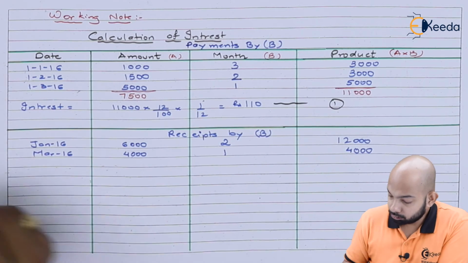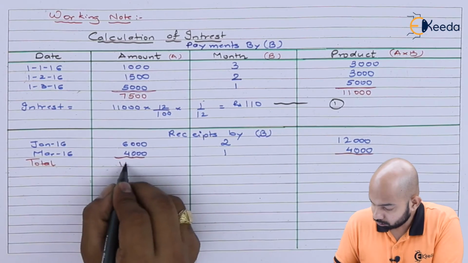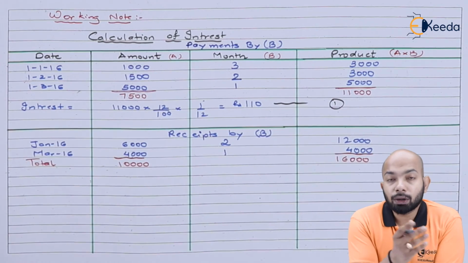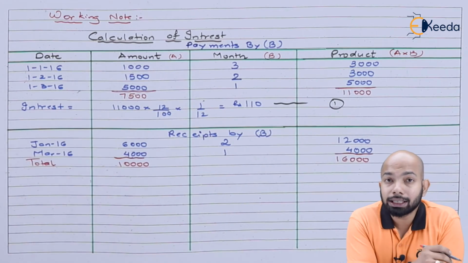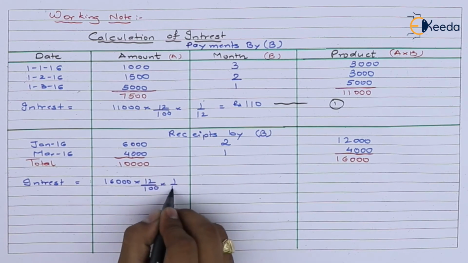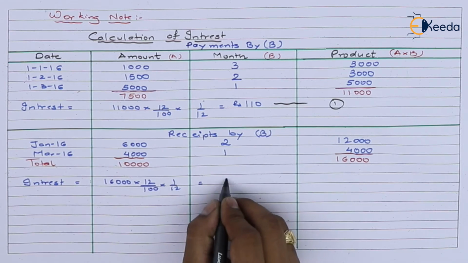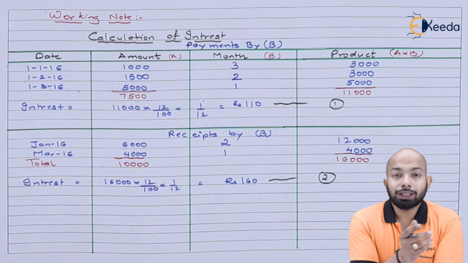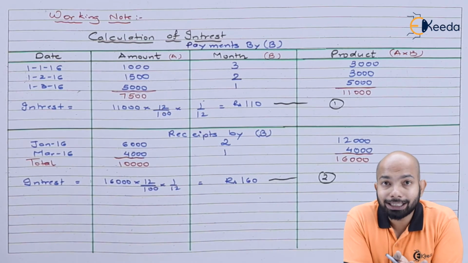Let's total it out. So the product total is 16,000. Let's calculate the interest on that. So that comes to 160 rupees of interest.